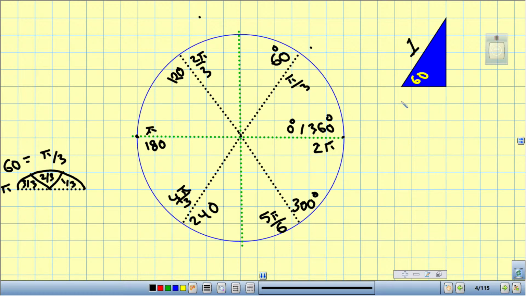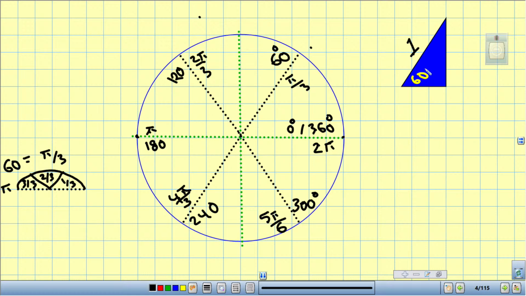Adjacent, I would look again. Adjacent of 60 should be the smaller one, not the bigger one. You might need to flip. Just look at the triangle correctly.